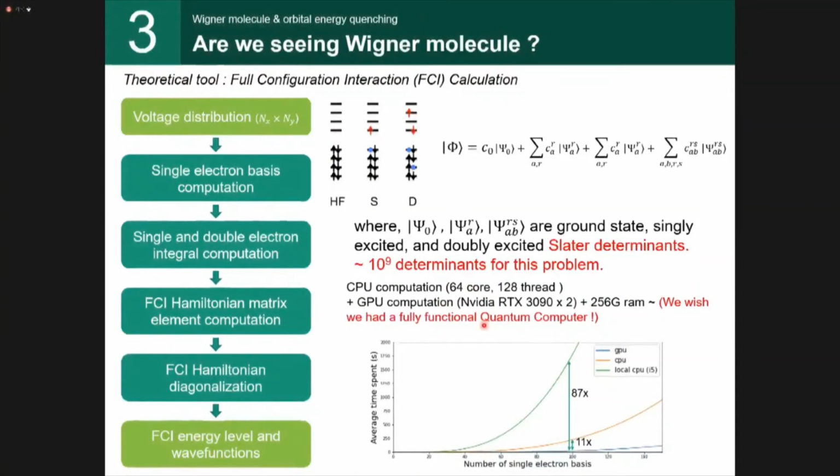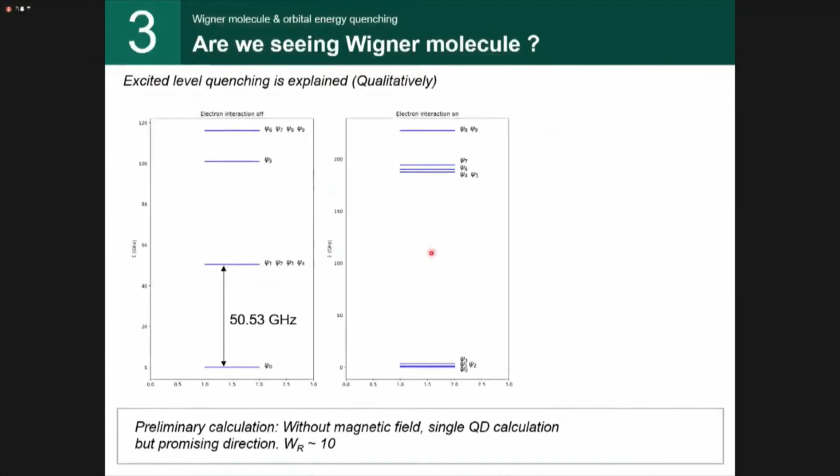But it is a 2- or 3-electron system, so we can manageably do this kind of FCI calculation, and the calculation tells us that it is indeed because of electron correlation. For example, if we turn off the electron-electron interaction, consistent with our experimental result, the orbital splitting is tens of or even 100 gigahertz.